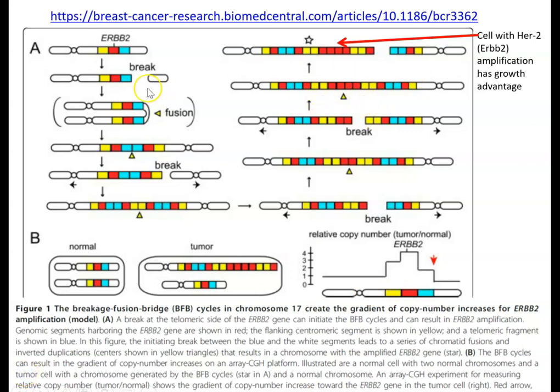Now, as a cell develops additional copies of the ERB2 gene, that makes that cell more proliferative in this particular case, and therefore that particular clone of cells will grow more quickly. So in this situation, it's selecting for a gene amplification that gives the tumour some sort of benefit.